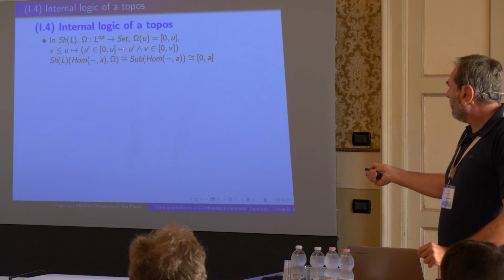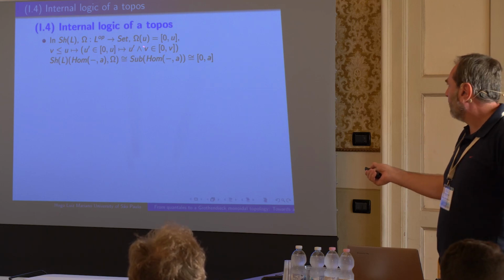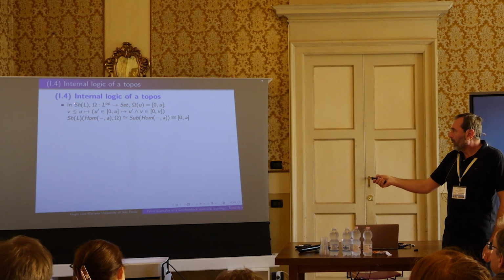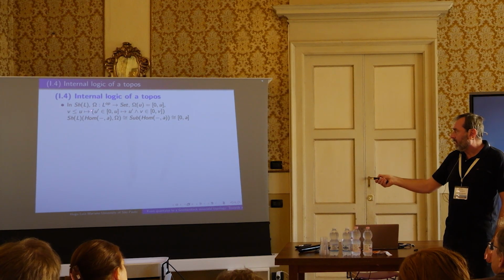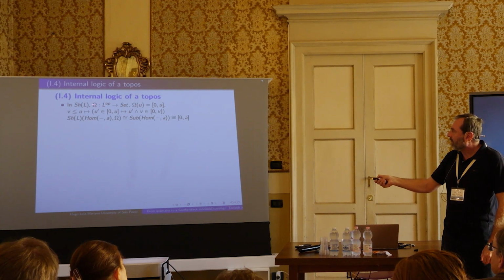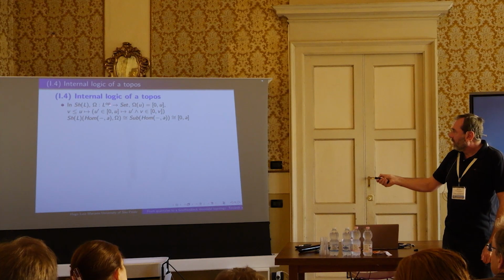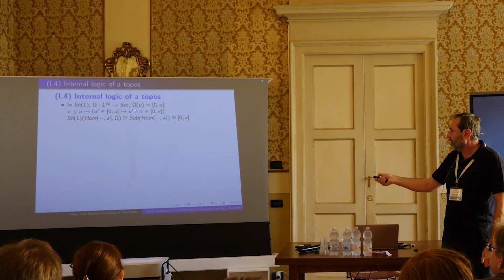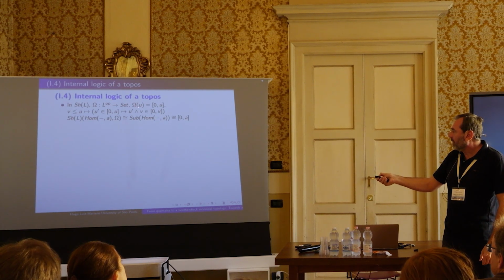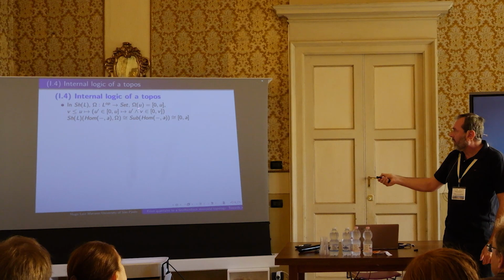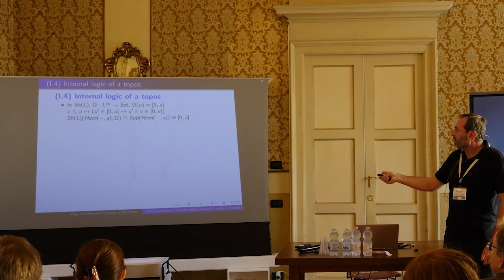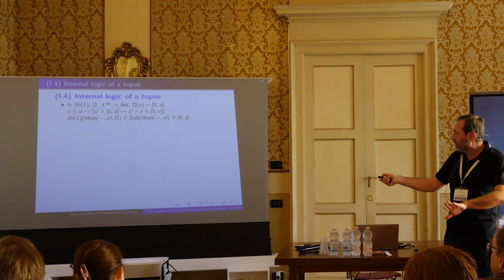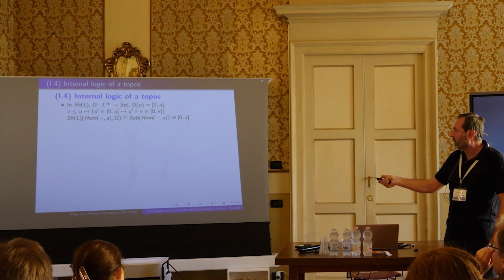So, a bit of internal logic of toposes. For a localic topos like sheaves over a locale L, we have a very concrete presentation of the subobject classifier as a presheaf, where the value of this presheaf on a member u of the locale is just this initial interval, the things below u.